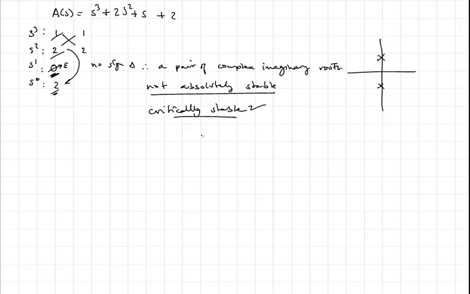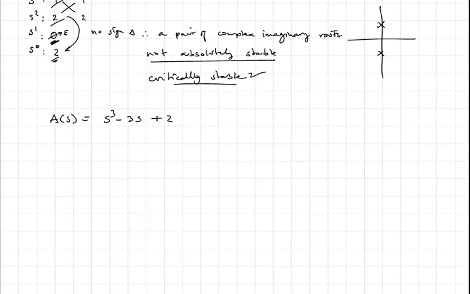Now let's consider another polynomial. Here we have s cubed minus 3s plus 2. So we start off with s cubed, s squared, s1, s0: put 1, and then minus 3. For the second row, the s squared term, notice, is missing.